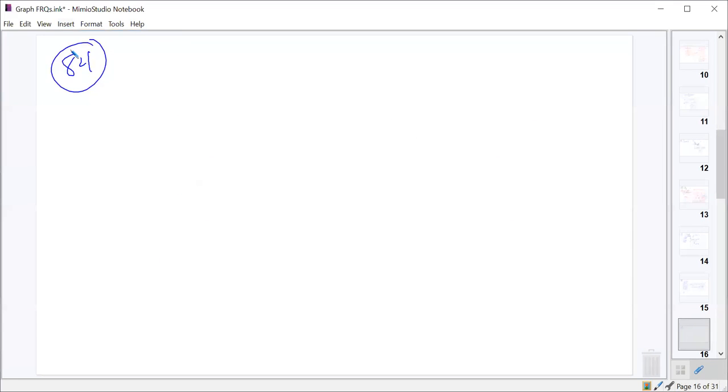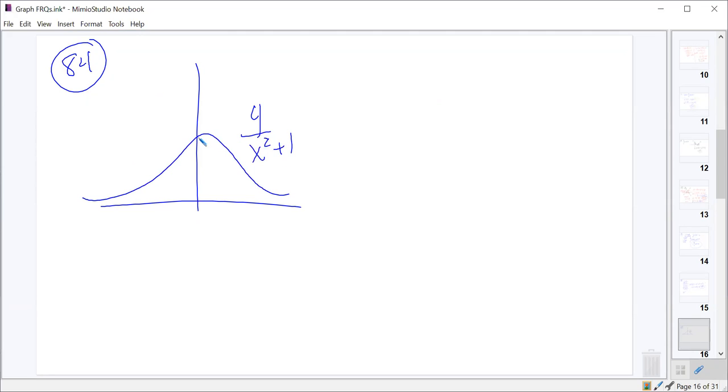All right, so we'll move back to number 84. Number 84 gives us this graph of 4 over x squared plus 1. The max there is on the y-axis. My graph is just bad.